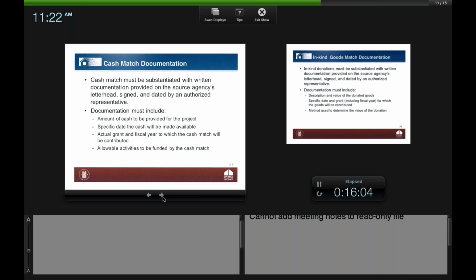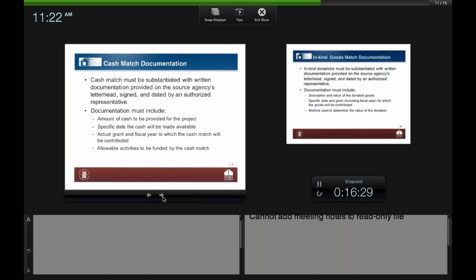It can be from state dollars, private dollars, or fundraising dollars. The minimum requirement for the documentation is that it be on your letterhead as the grantee, signed, committed by an authorized representative, and appropriately dated.